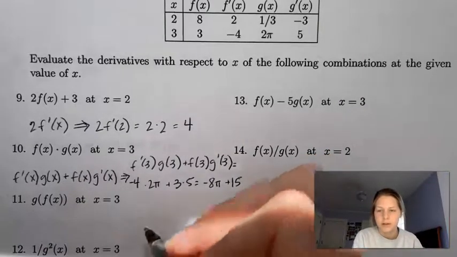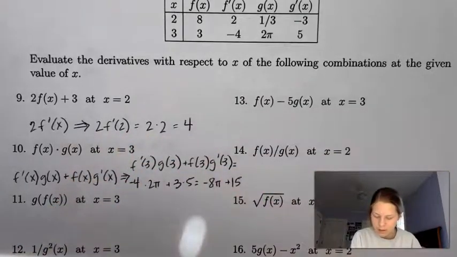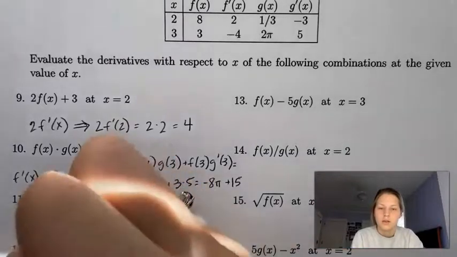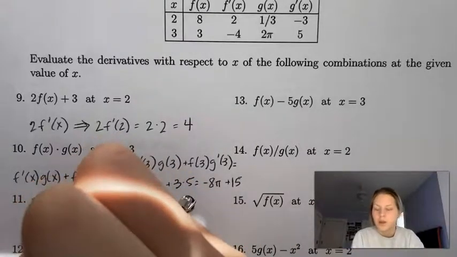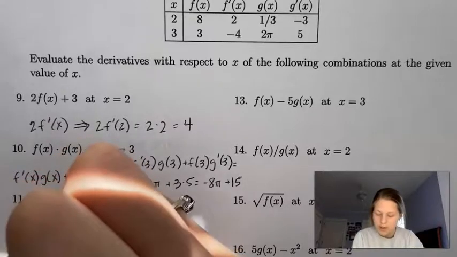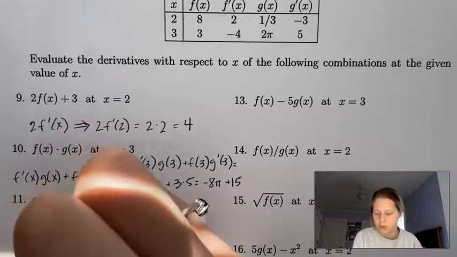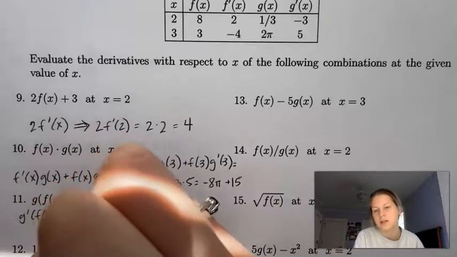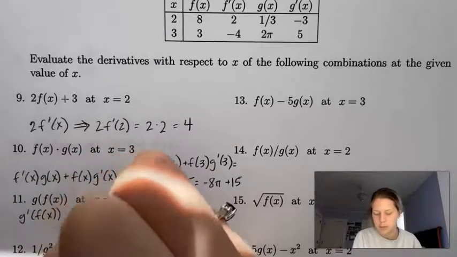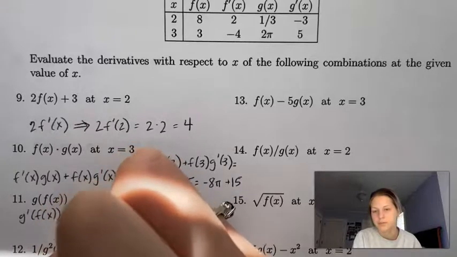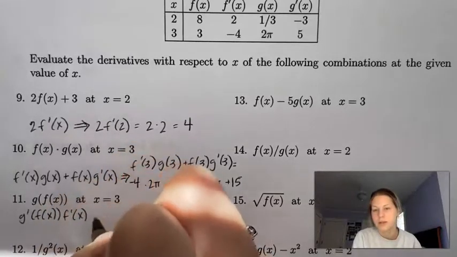Okay, and then for number 11, this is a chain rule question. Here we go. First we're going to take the derivative like we did the past two. So we get g prime of f of x times f prime of x. And then we're going to plug in the 3.